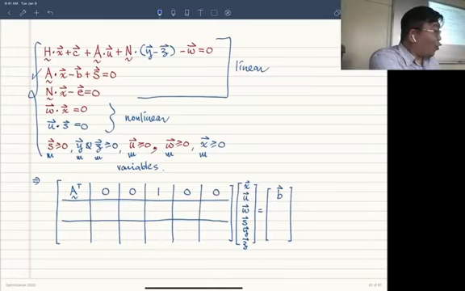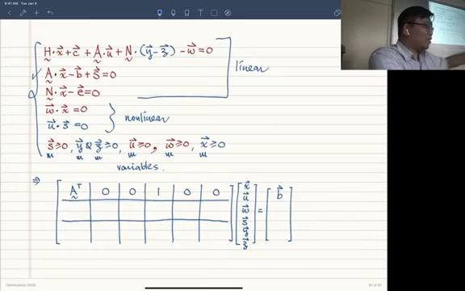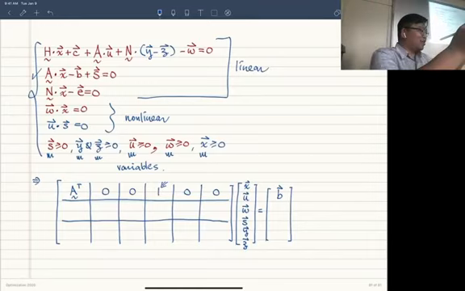Of course, S is a vector. So the 1 right here is actually a vector of 1. Because when you do dot product, in front of each S, you should have a coefficient of 1.